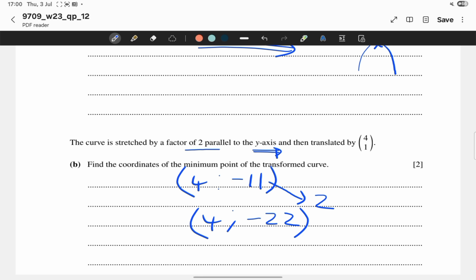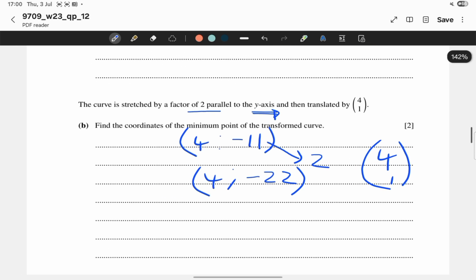And it is then translated by 4,1, meaning to the x-coordinate, we're going to add 4. That's 4 plus this 4, giving us 8. And to the y-coordinate, which is minus 22, we're going to add 1 to get minus 21. So this will be the resulting coordinate of the minimum point of the transformed curve.